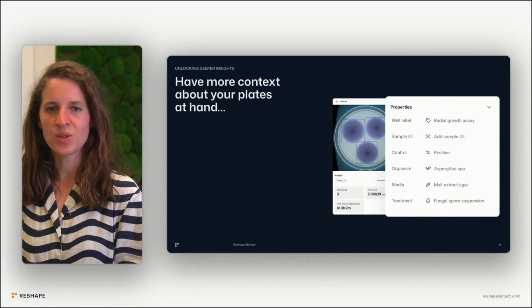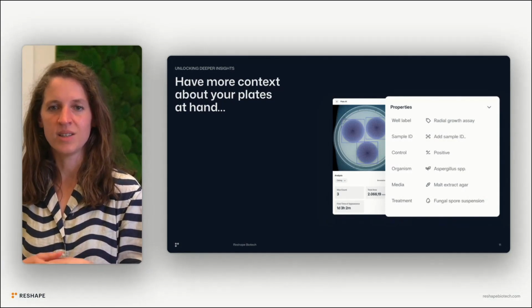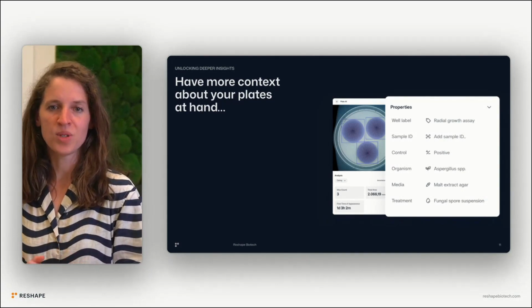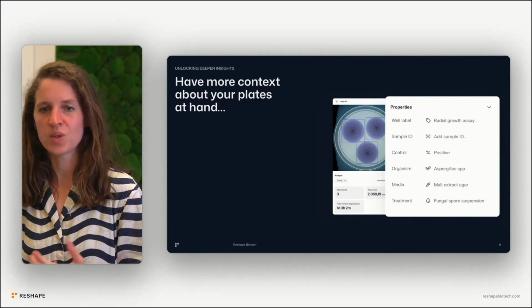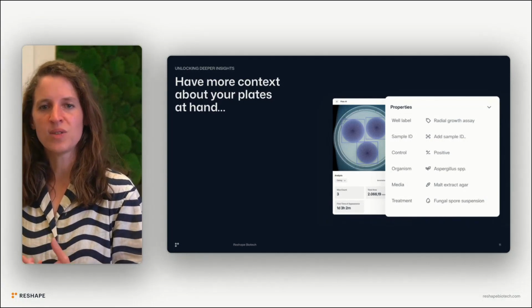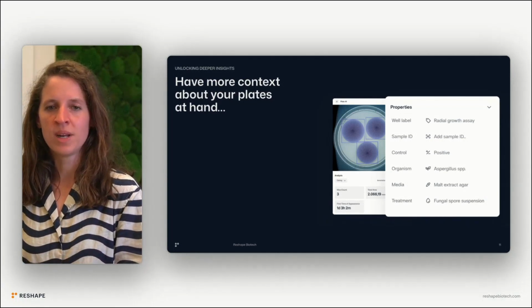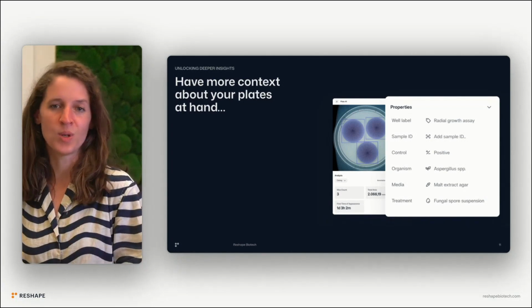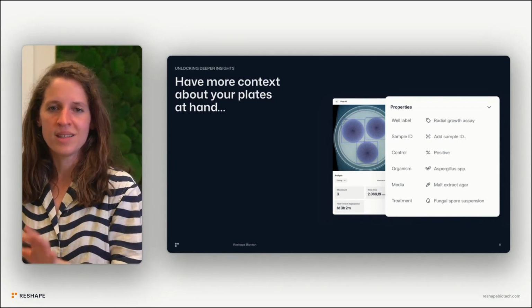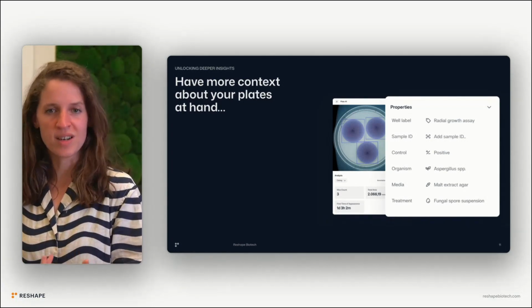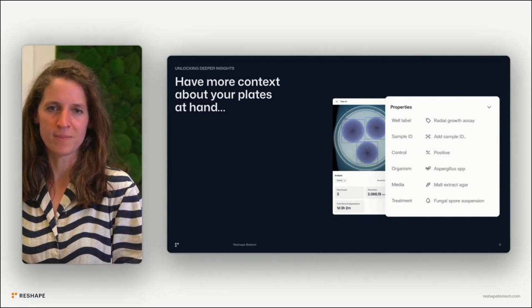So you can now store things like your sample ID, your control type, what organisms you expect to appear, what media you used, what treatment you're testing. All of this information you can add right in Reshape. So also when you look back at historical experiments, you can quickly see what parameters you've used and what you're actually looking at when you see images of a plate.